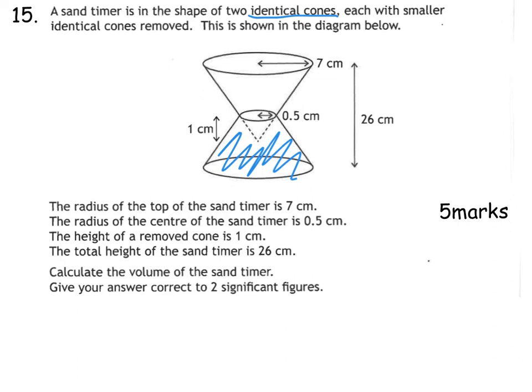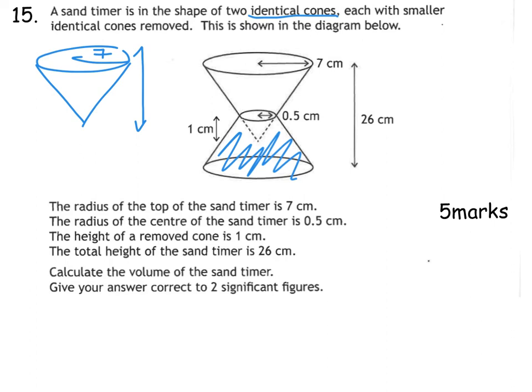What we've got is a big cone with a radius of 7. Okay, so a radius of 7. And the height of this cone would have been half of 26. Oh no, it's not.